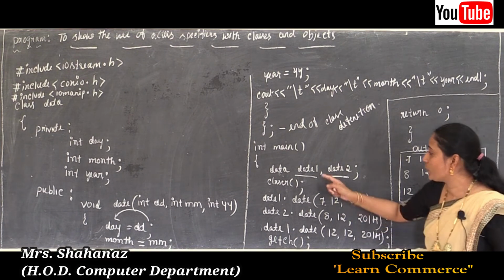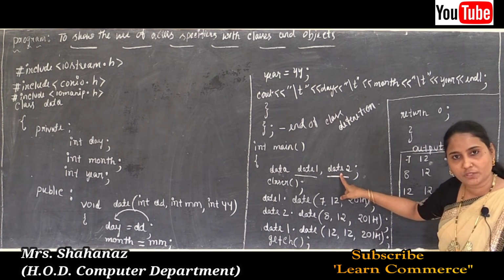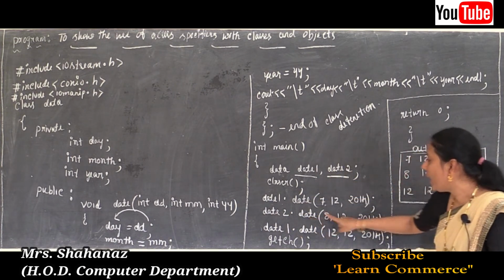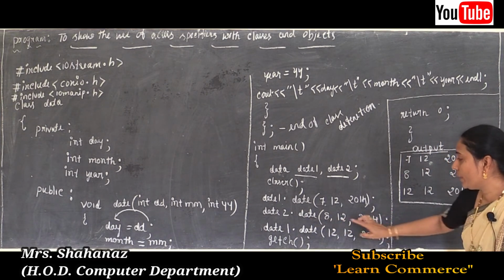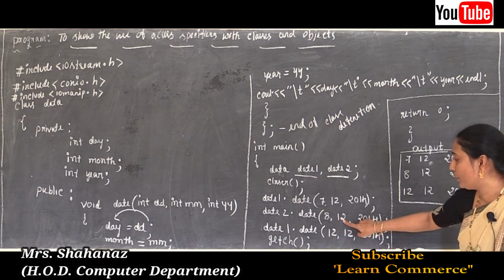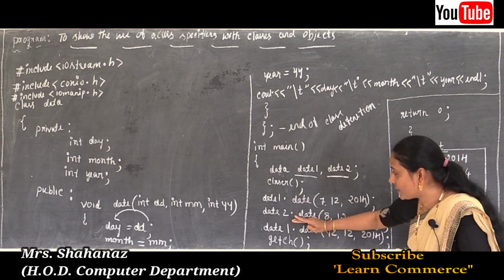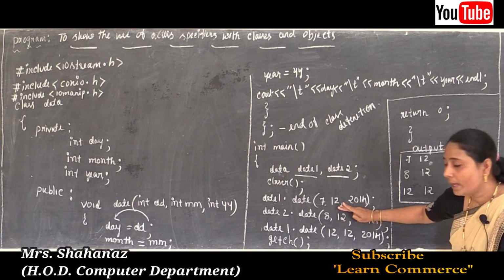Okay, and later next one, the second object name is date2. So same thing, date2 dot date, and if any number you want to write for the DD, MM and YY, you can use it here.